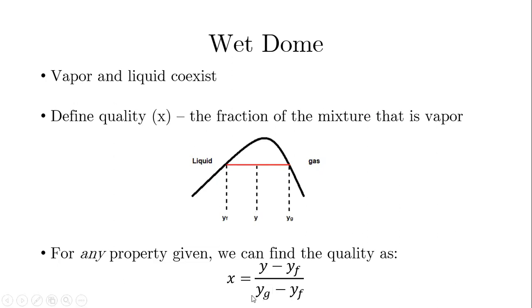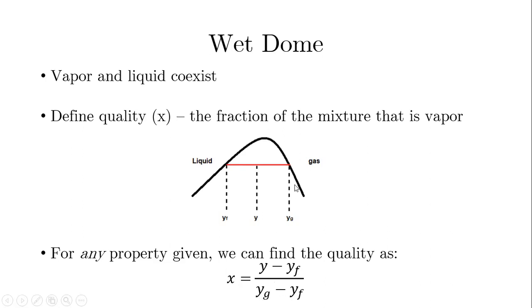And I will define that right here, like this, where the quality is equal to whatever point you want minus the property of the liquid, and we denote F as liquid, and the gas, the vapor, we will denote as G, and we can calculate it this way.